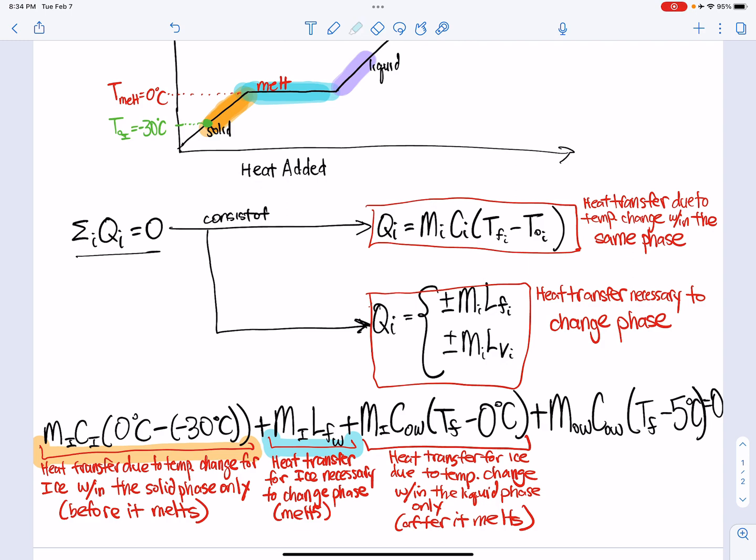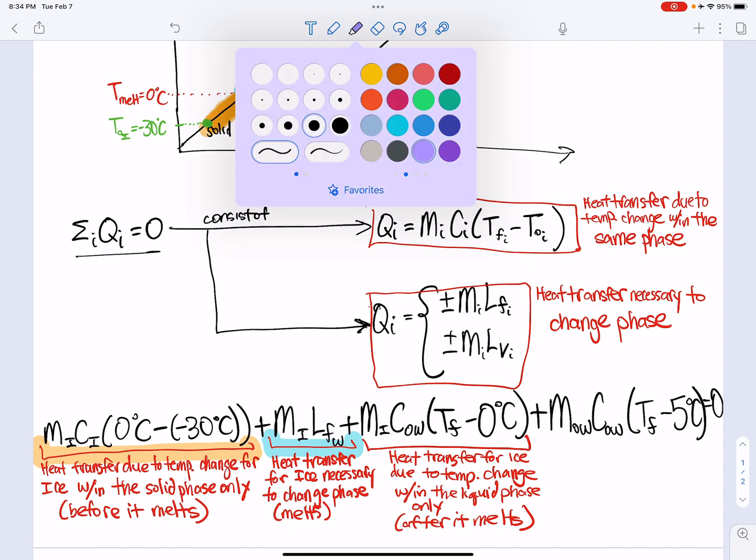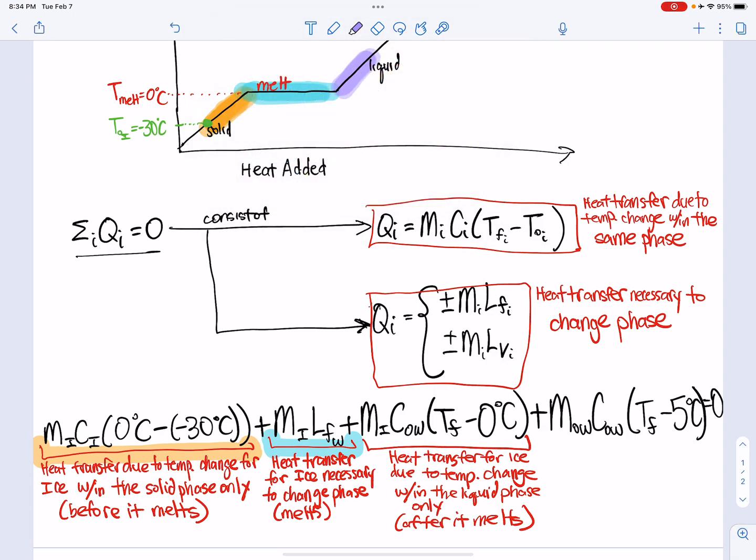Right? And I think I used this color. Yeah, that is this part, after the melting point, that's this part right here. So this part of the equation corresponds to the liquid phase, after the ice melts and is liquid.